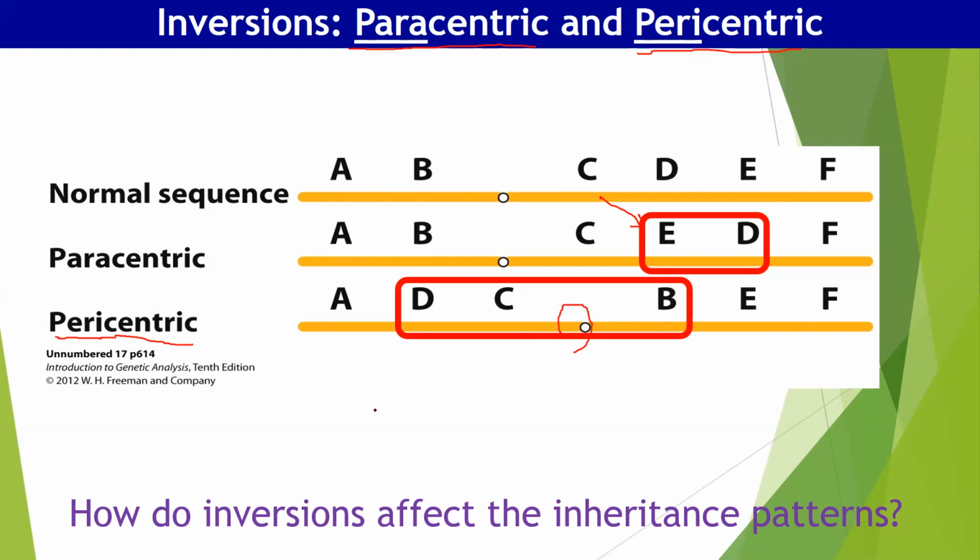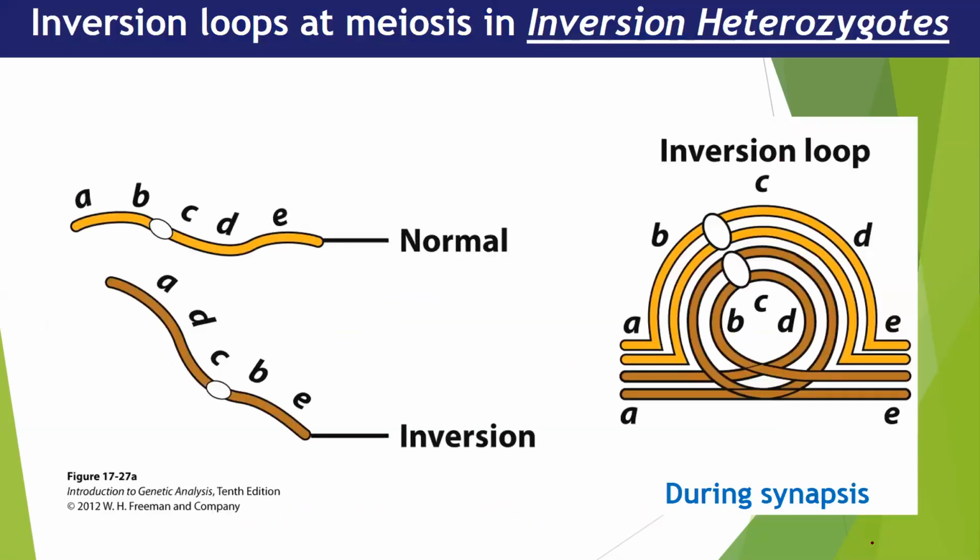Then we learned how this kind of inversion event can affect the inheritance patterns. Because of the inversion, we call it inversion heterozygous. What does that mean? In an individual, if one chromosome is a normal one, suppose the 5 genes are arranged in the standard order.